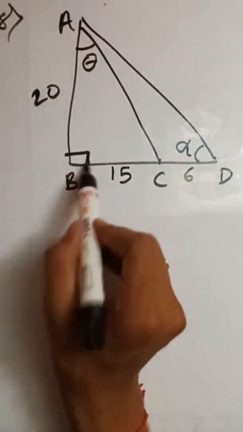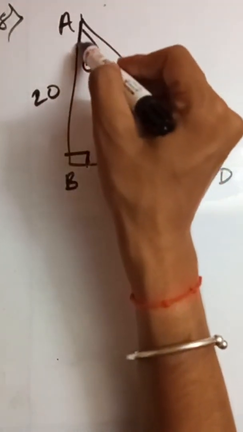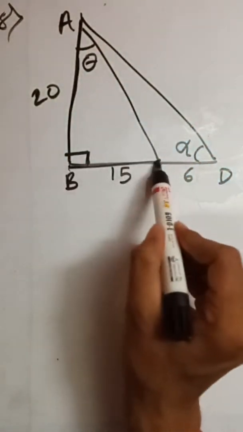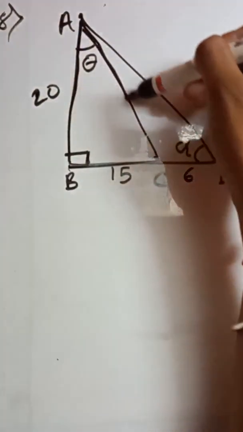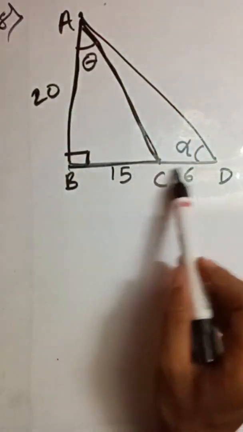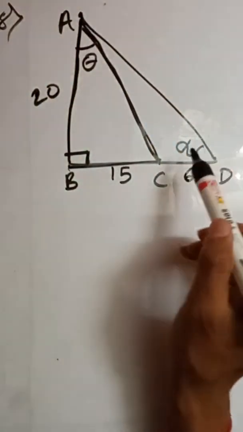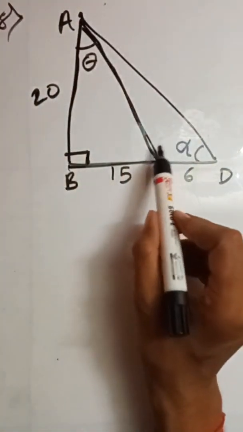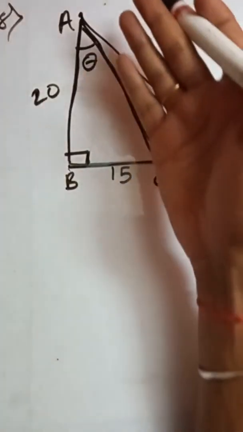There is one 90 degree here, so this is one triangle, ABC. ACD is not a triangle we can use, because it does not have a 90 degree here. So we cannot take ACD.